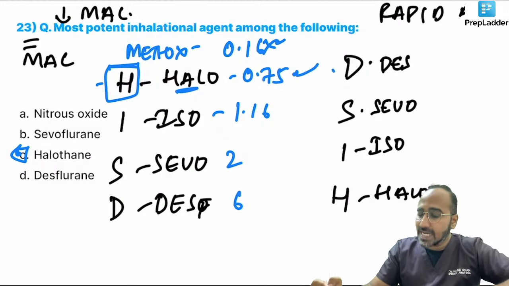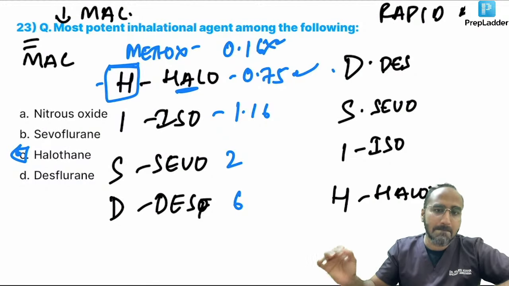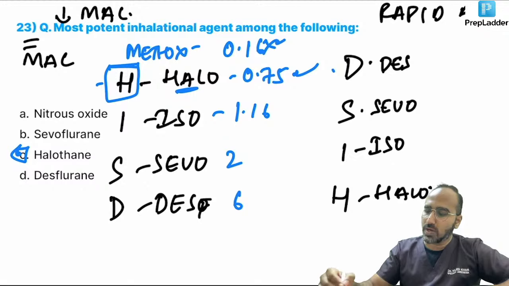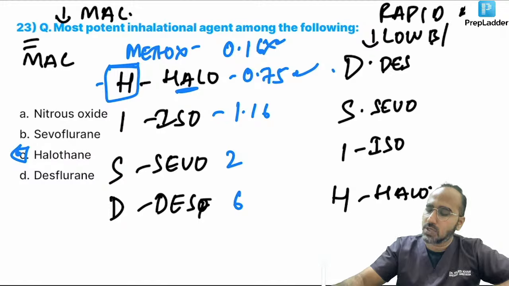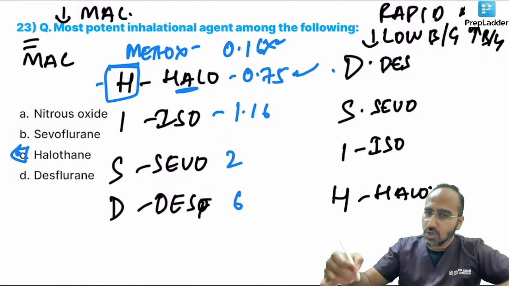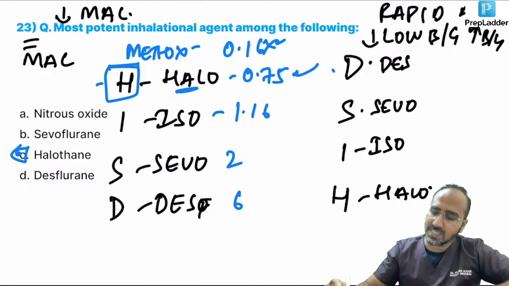This is regarding the MAC values and blood gas coefficient. When I am writing in the opposite direction, it means low blood gas coefficient to high blood gas coefficient. Low blood gas means what, guys? Low blood gas means rapid onset. Which is the rapid onset? Desflurane.